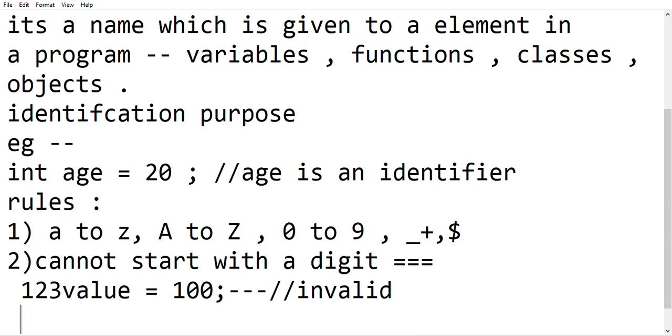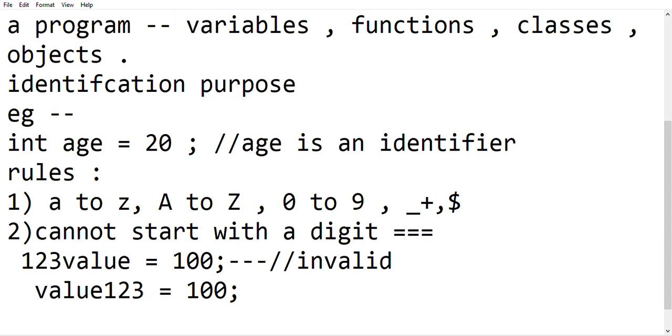You have to write value, or you can include 123 after it, like value123. Then it is valid. If you use a digit at the start of the identifier, it's completely invalid, so it cannot be accepted as an identifier.